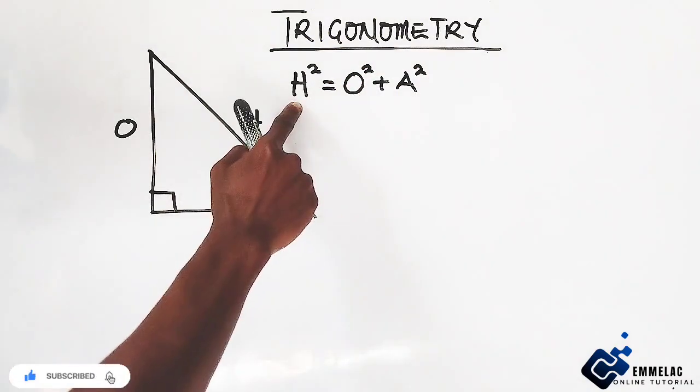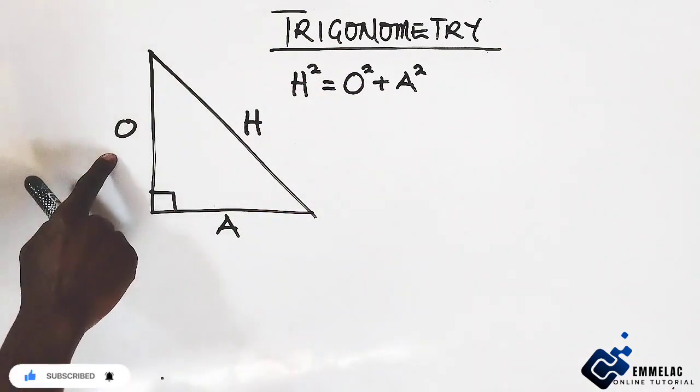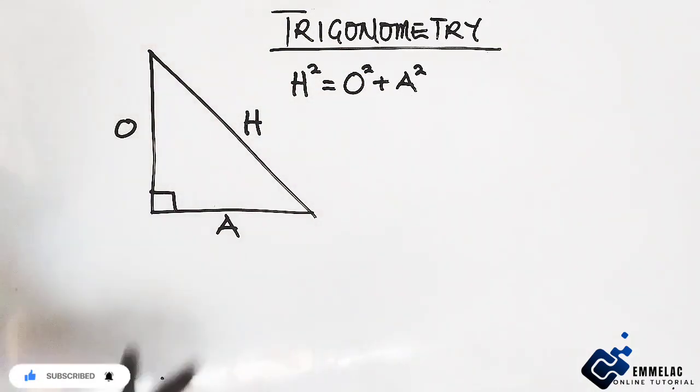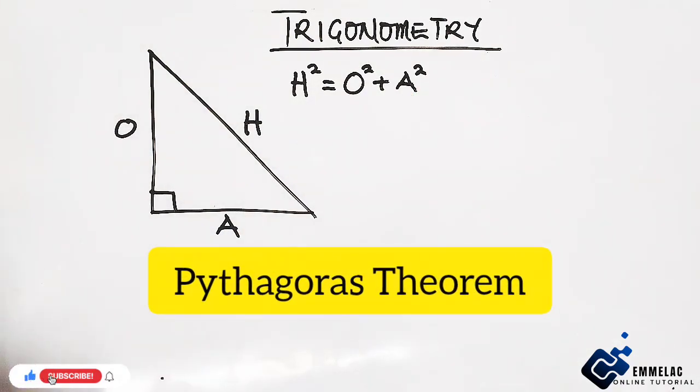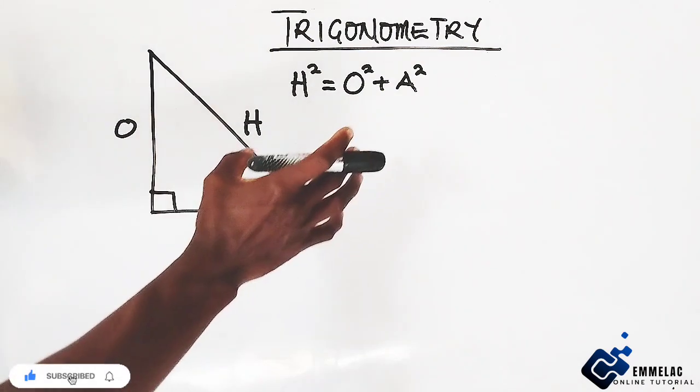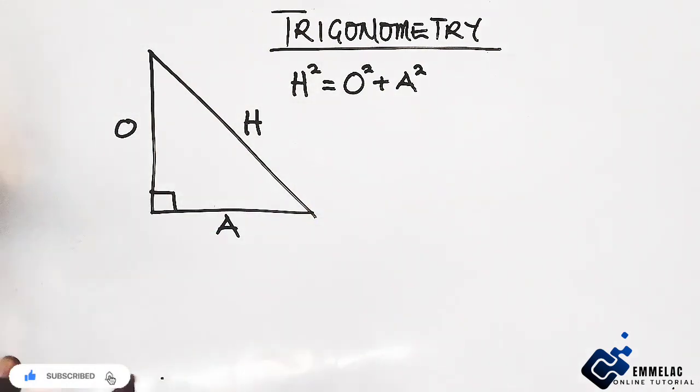Here is the hypotenuse squared, now the opposite and the adjacent. This is called the Pythagoras theorem, and knowing this will also help us to simplify problems when we start dealing with the special angles of a trigonometry ratio.